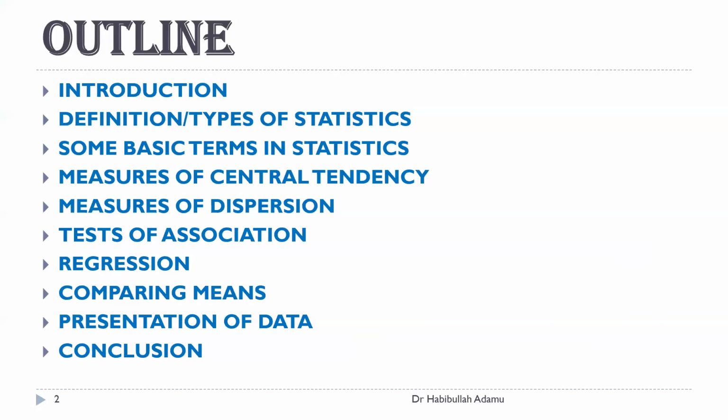The aim is to give us an overview of what research is all about, so that during our dissertation writing, or when conducting our research, or when doing data analysis, we will be properly guided on what statistical tests to carry out in order to answer our specific objectives.